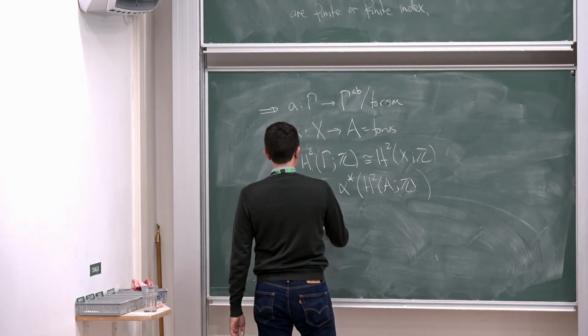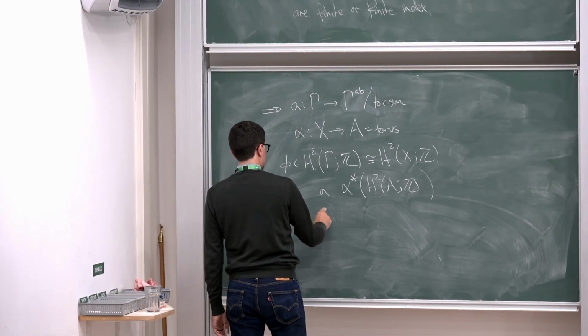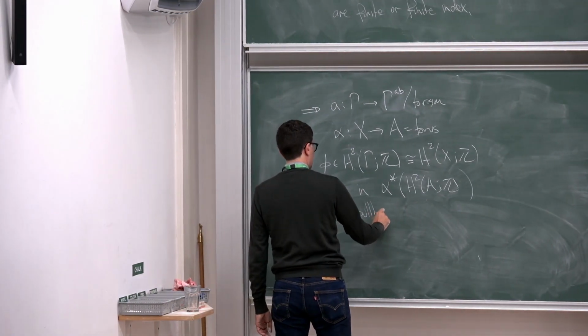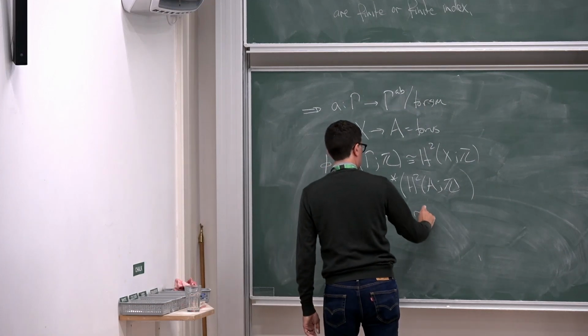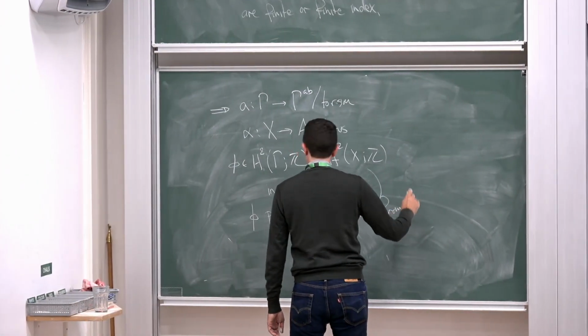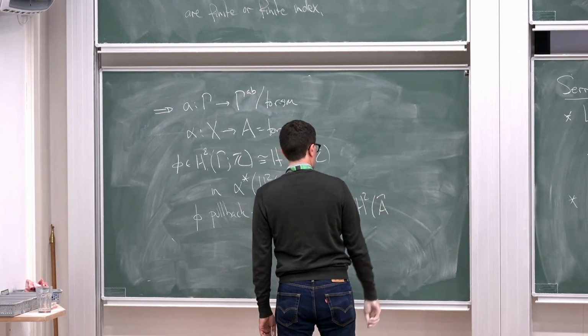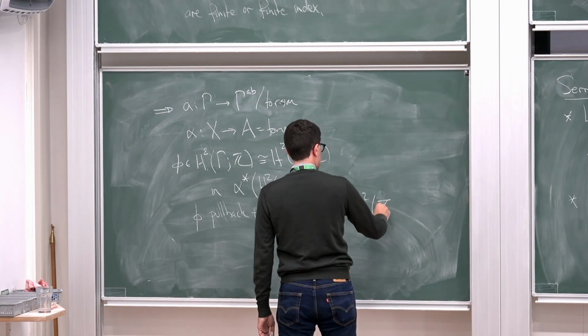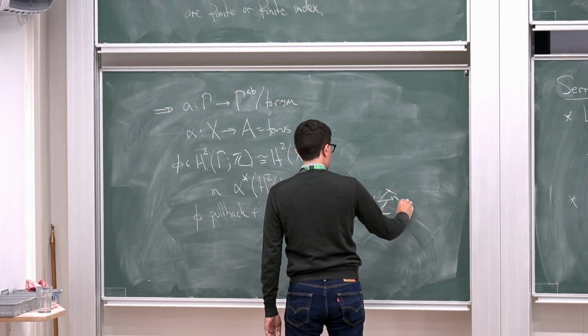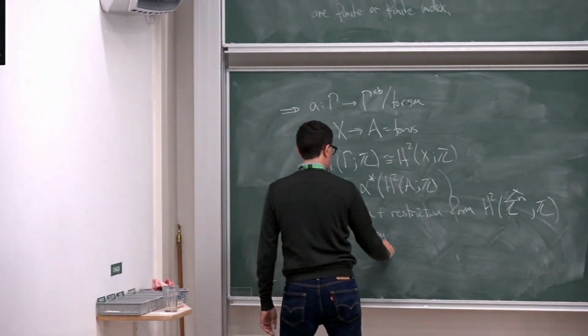Right, but then that means that this phi is a pullback from... let's maybe just say CVM Z, by goodness.